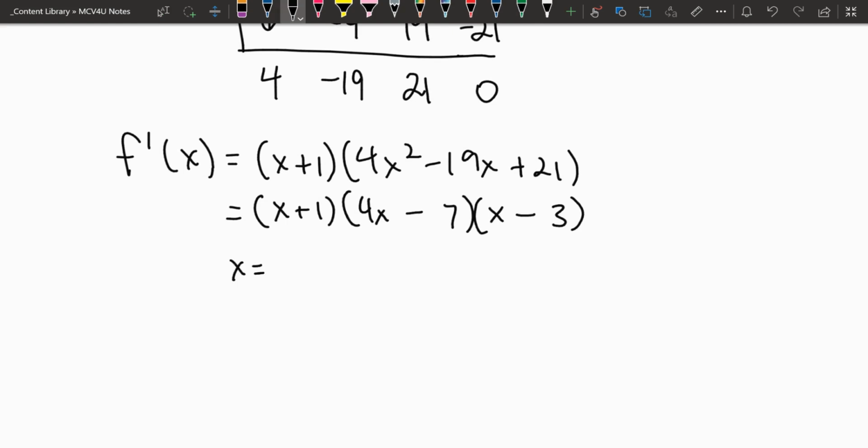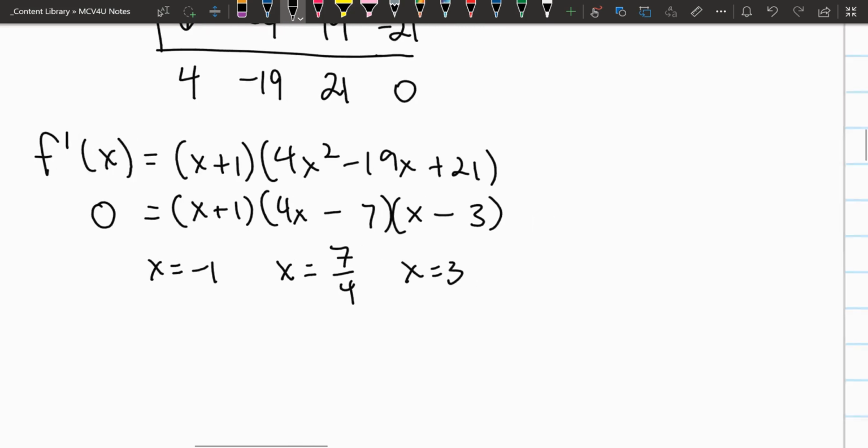We have a critical point at x equals negative 1. Oh, I forgot to say, set the derivative equal to 0, right, to find your critical points. And so we have x equals negative 1 as a critical point. We have x equals 7 over 4 as a critical point. And we have x equals 3 as a critical point. Okay.